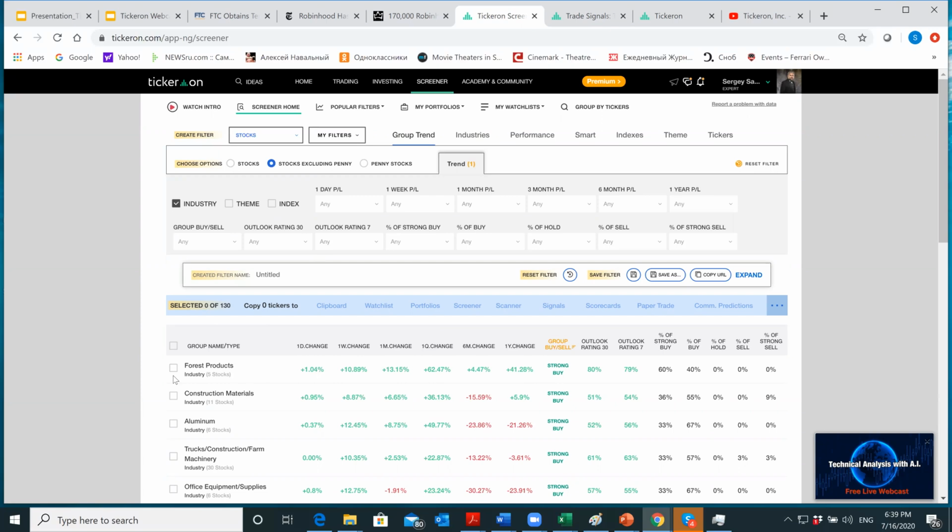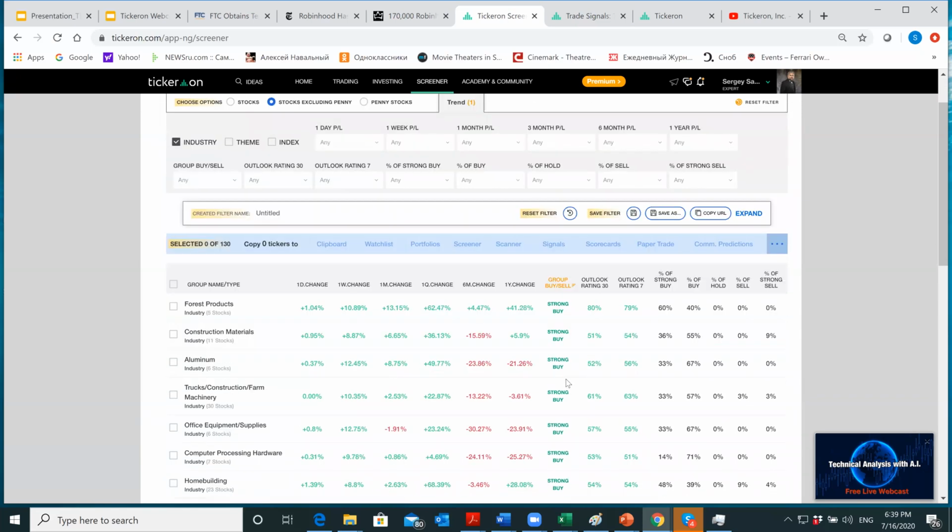As you can see, forest products, consisting of 5 stocks, have been growing consistently over the year. At the same time, you see how many strong buys are inside of this: 60% strong buys, 40% buys. Ooh, look what's happening. Forest products, for a reason, you would never find out without this table that they're doing really well.